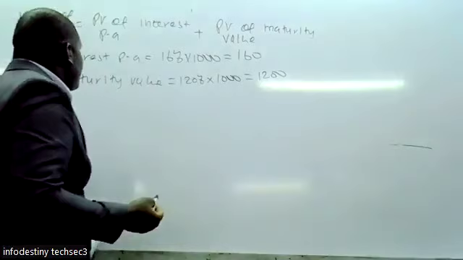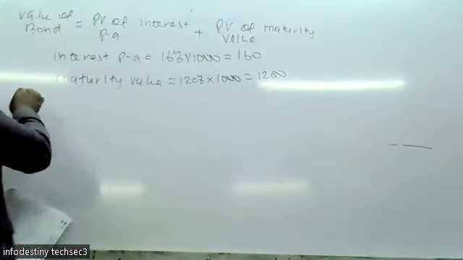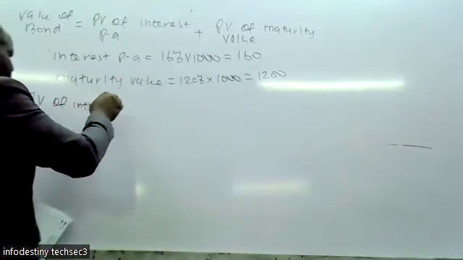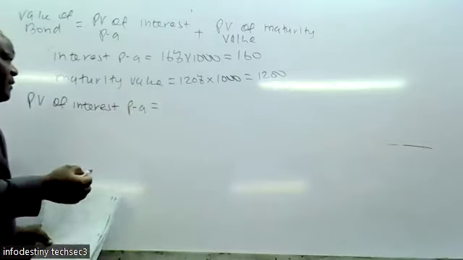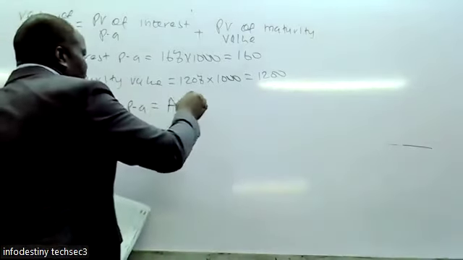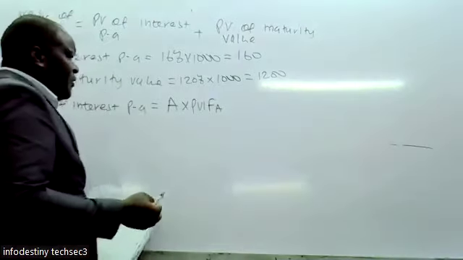So now we get present value of the interest per annum. You take the annuity multiplied by the present value interest factor for the annuity.